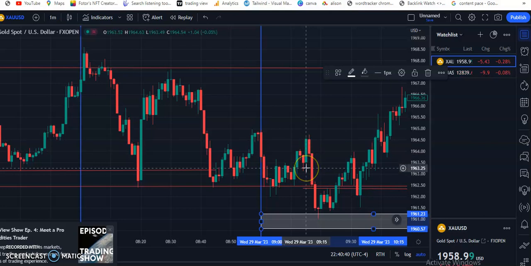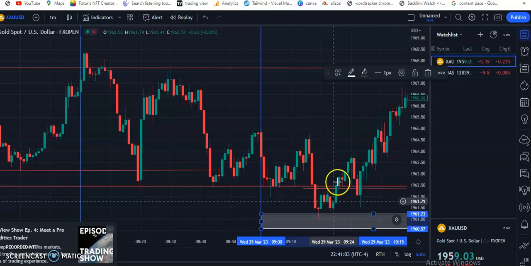This was an engulfment, but it's still early for you to enter, because at 9:30 the market will come and stop hunt the low. Now the second 15-minute candle of the second hour comes back and stop hunts the low again.